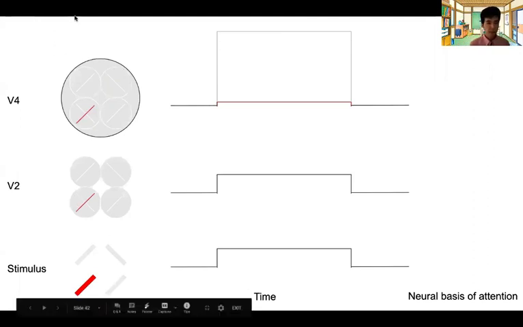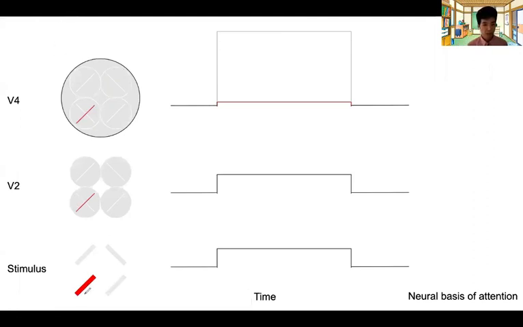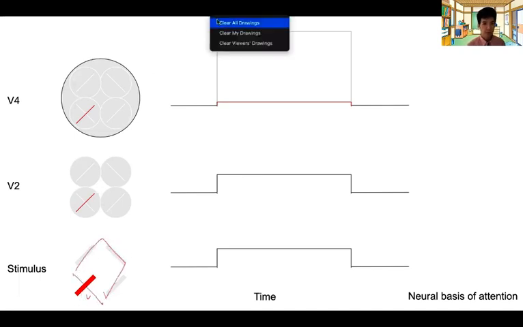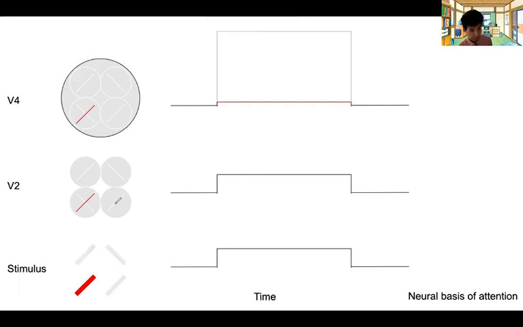Suppose that I present one of the locations with a non-compatible or non-preferred stimulus for this particular neuron. It could be colored in red, but this is just for visualization purposes. So instead of this nice triangle, now I present this unclear kind of stimulus. In particular, this stimulus is going to suppress the V2 neurons here.